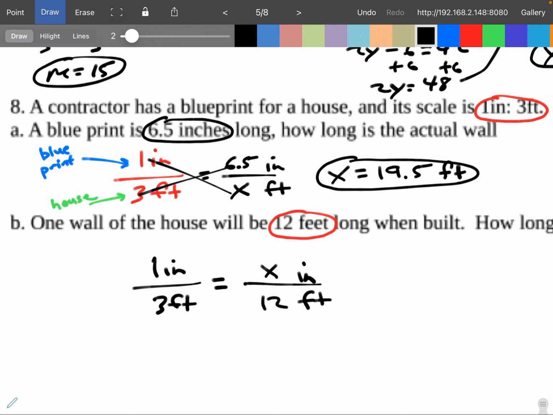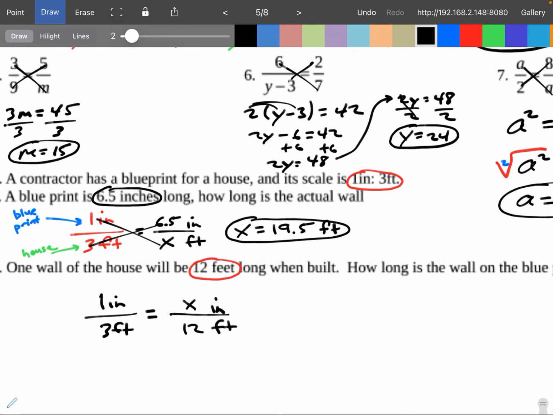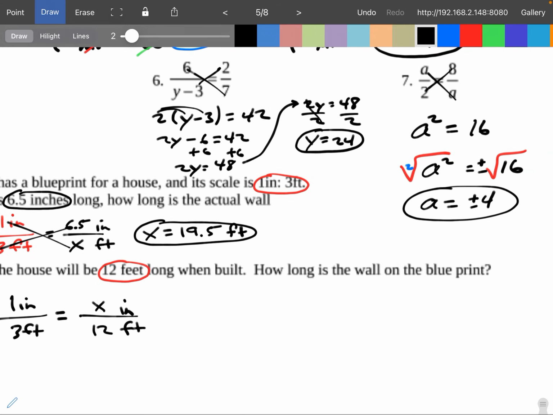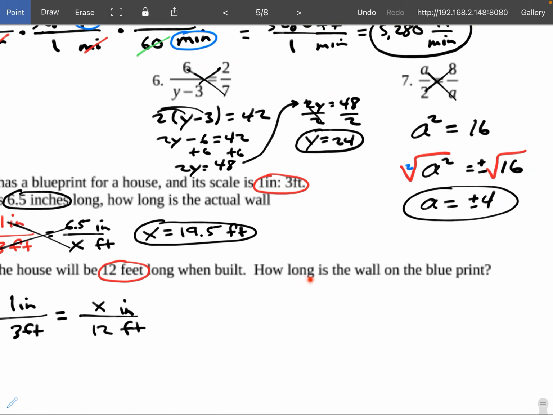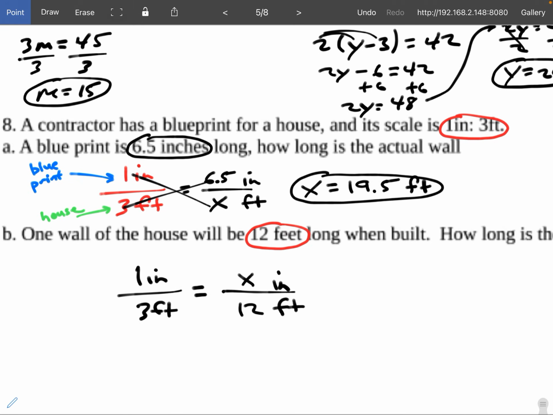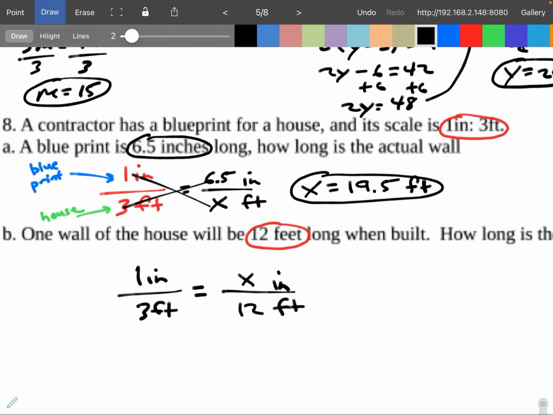So where does the 12 go, on the top or the bottom? Yeah, it goes on the bottom because it's 12 feet. And then we're looking for x inches. I kind of cut off the question here, but they wanted to know how long the wall is on the blueprint, so how many inches the wall is on the plan.